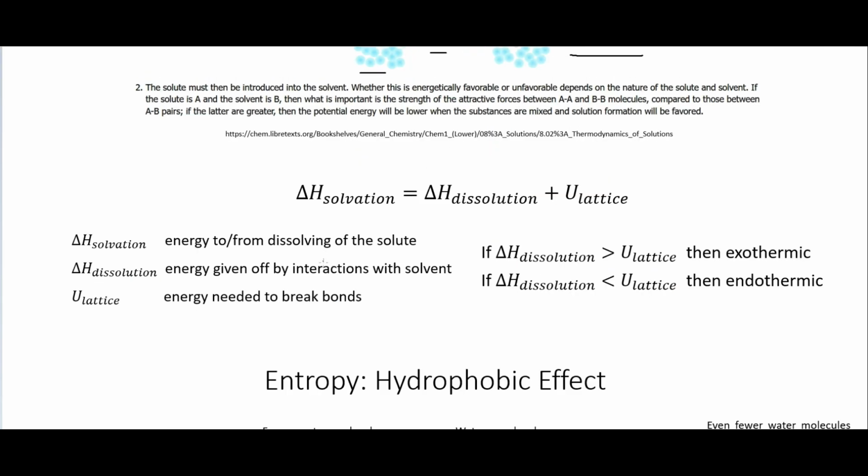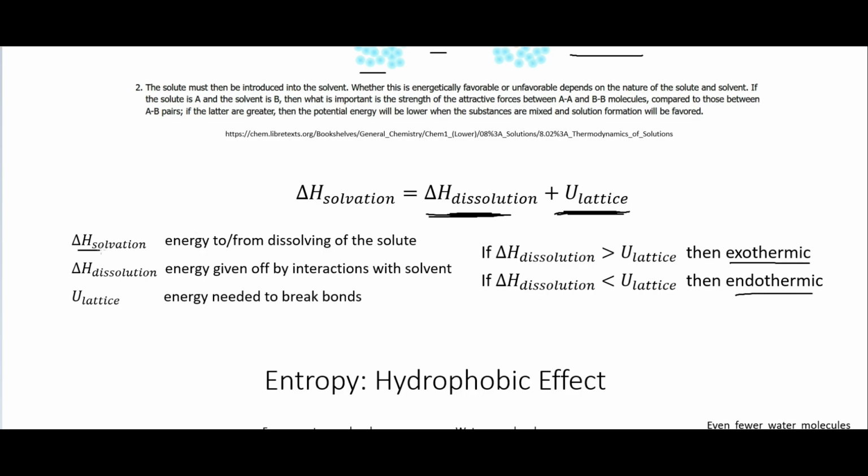And so the delta H for this is just going to be the heat of dissolution plus the lattice energy. And so we want this to be more negative than this right here if we want it to be an exothermic process. If this is greater than this is negative, then this will be an endothermic process.